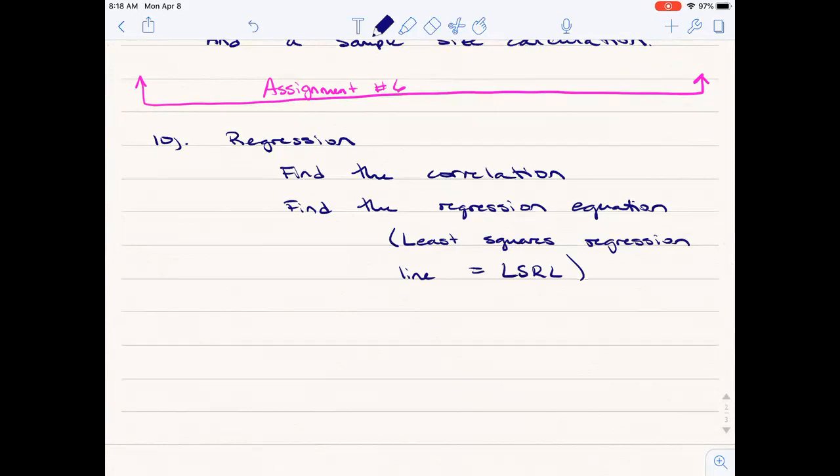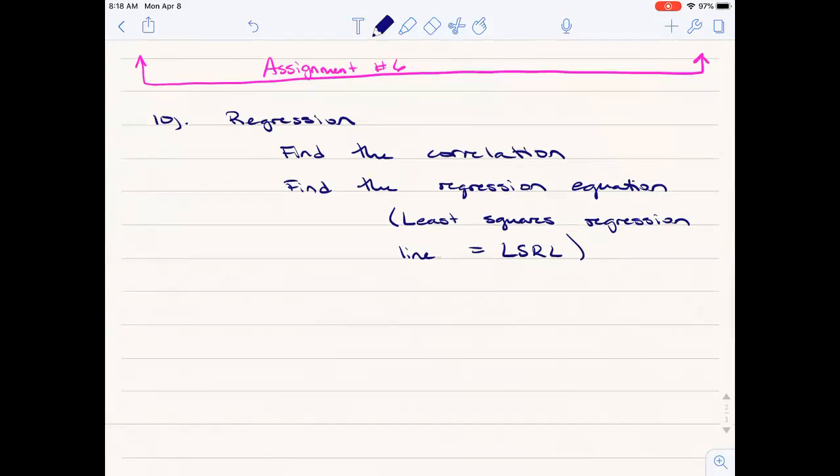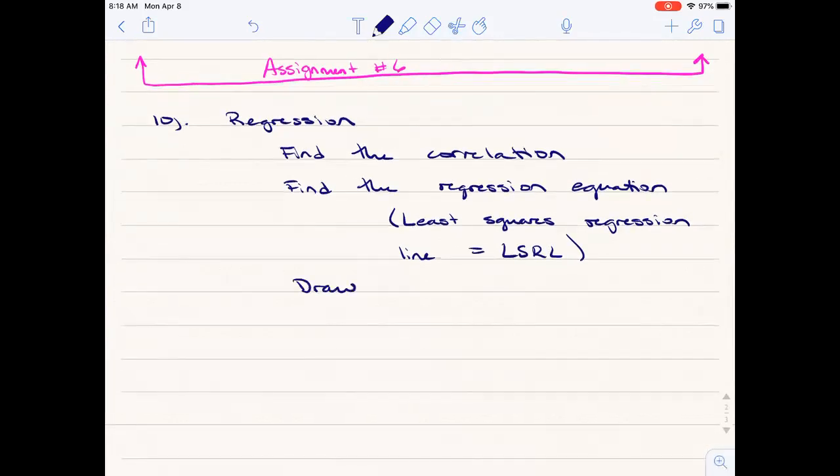So find the regression equation, meaning just find the slope, find the intercept, put them together in the regression equation, and then draw the LSRL, least squares regression line. Now that I've defined it, why not use it?